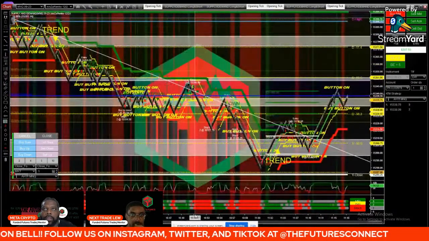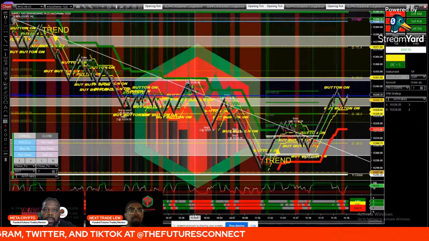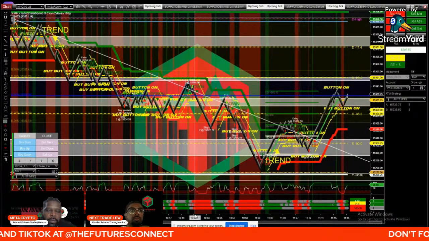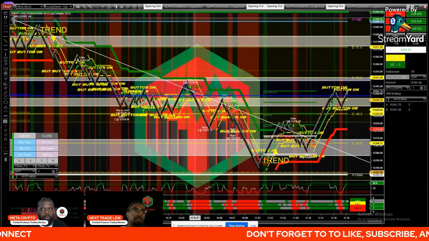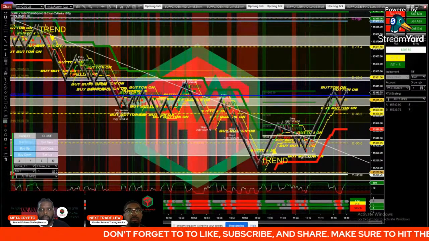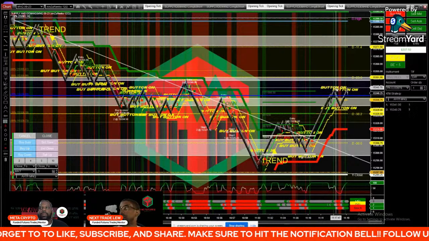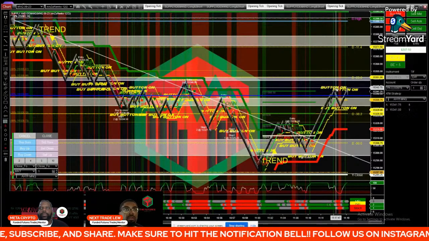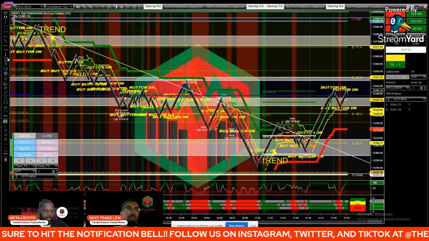Just like if you trading candles and want to get more movement, you would go to a smaller candle size. I went to a smaller brick size, which allows me to see more movement. And this is a possible resistance area.